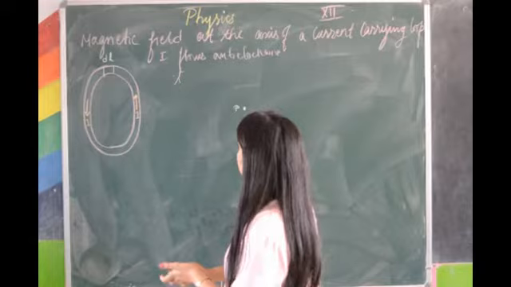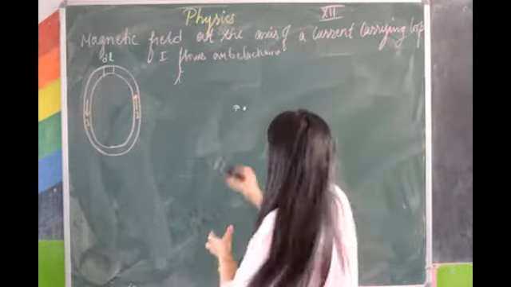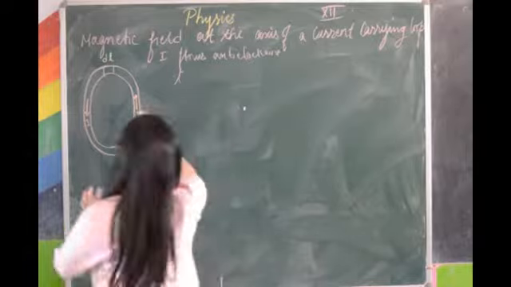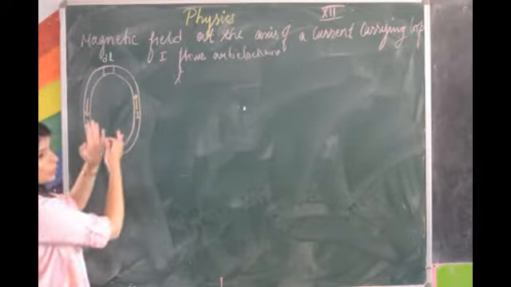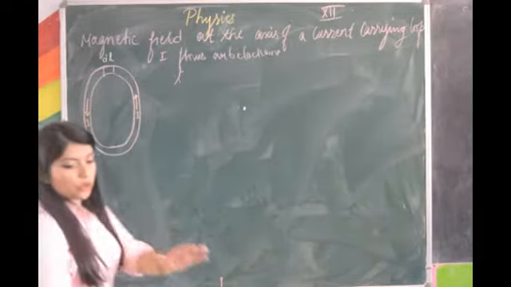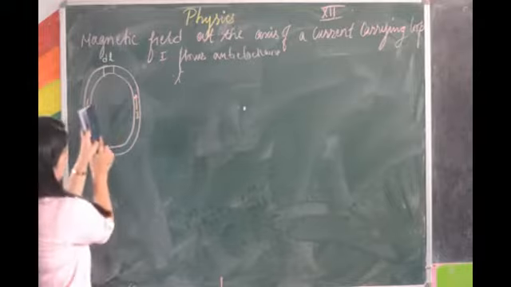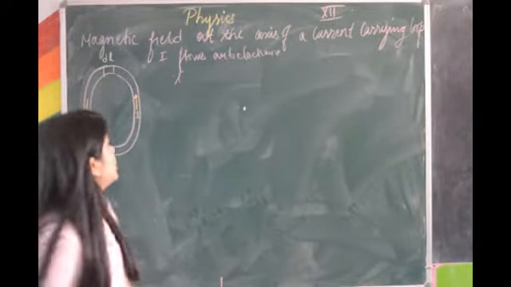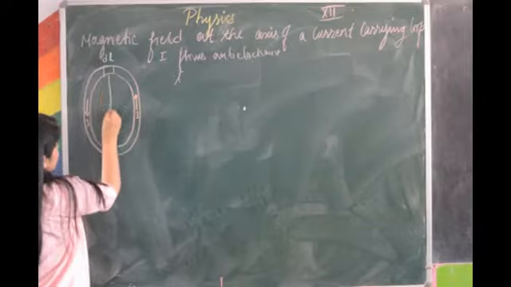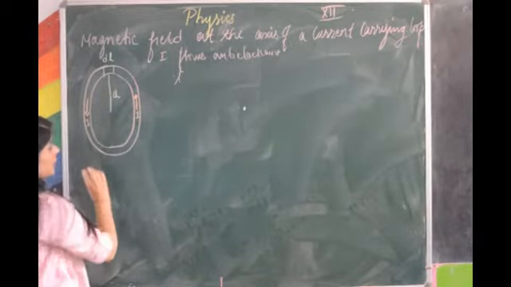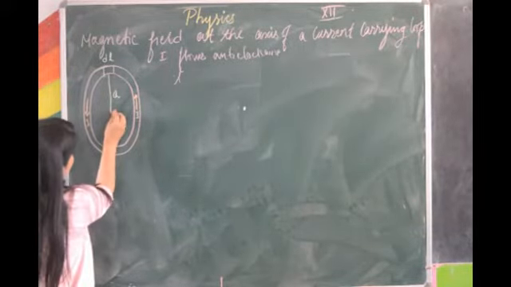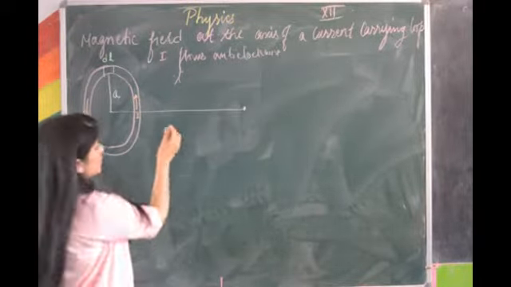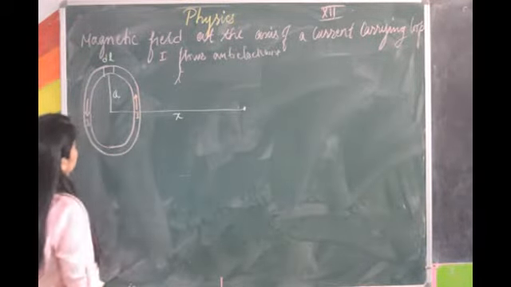Now according to the right hand thumb rule, before that let me complete this diagram a bit. Let me take the radius. Okay, this is kind of an oval, but imagine I have drawn this diagram like this. It is a loop which is kept this way, and the radius of this one is a. The distance from the center to point P we will consider to be x.